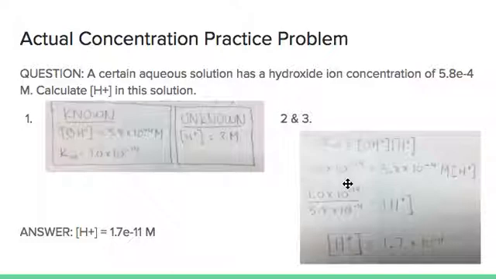We have Kw, so we put the 1.0 times 10 to the negative 14 on the left side, and on the other side of the equal sign, we put our hydroxide concentration, which is 5.8 times 10 to the negative 4, times our variable, which is the hydrogen, and then we solve for the hydrogen. So you would divide Kw by your hydroxide concentration, and that equals 1.7 times 10 to the negative 11th. So yeah, that's a practice problem.